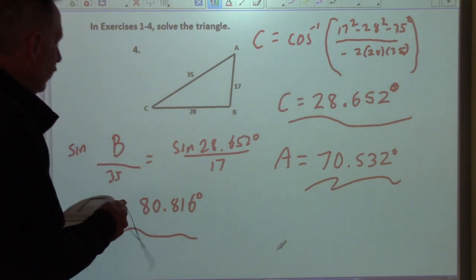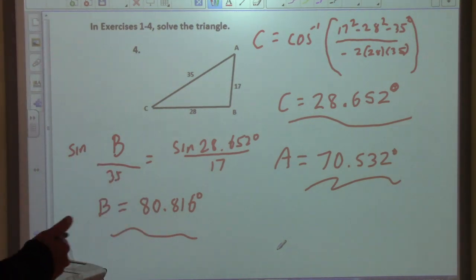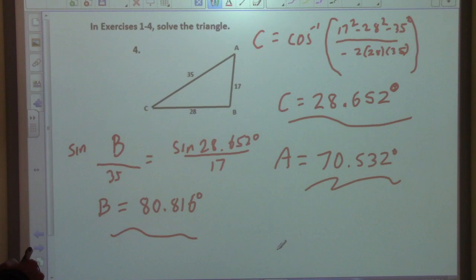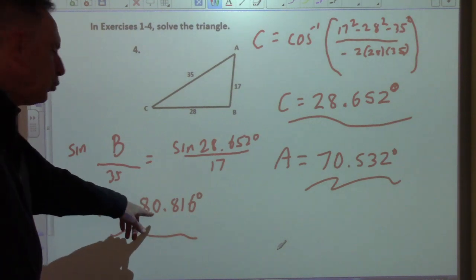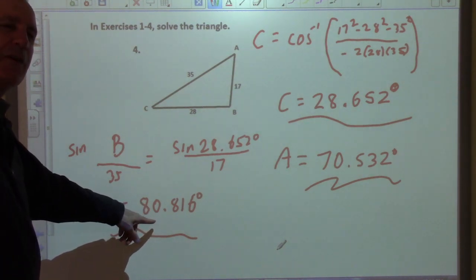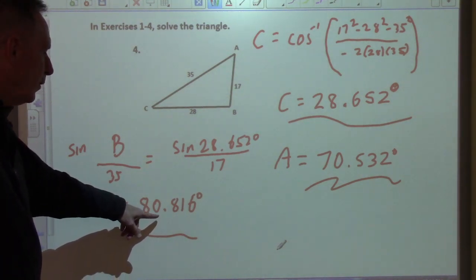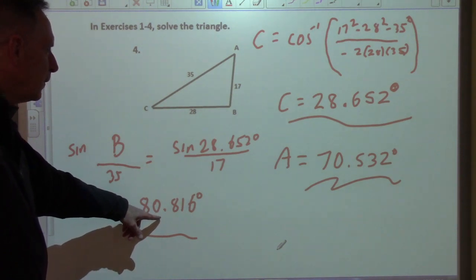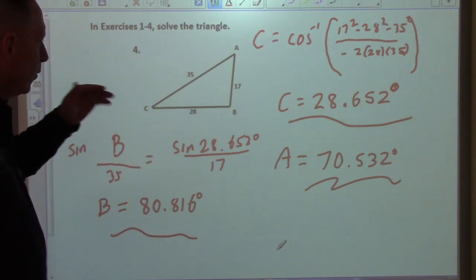I want to show you why. The sine of 99.2 is the same as the sine of 80.816.